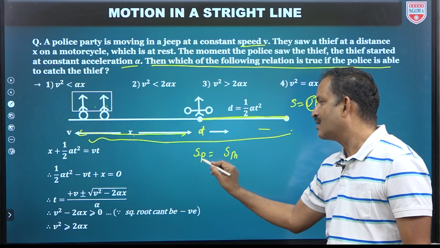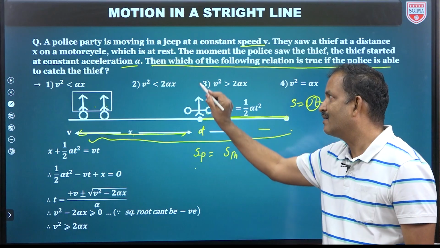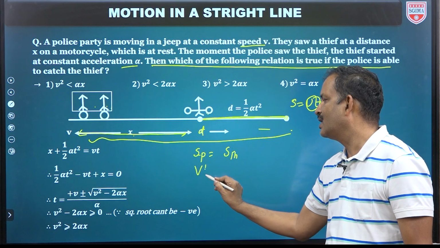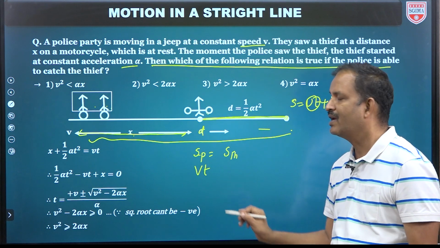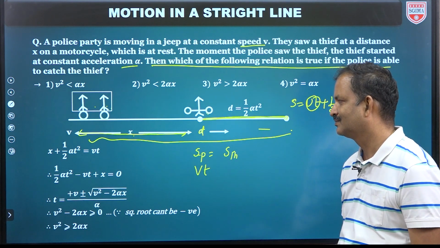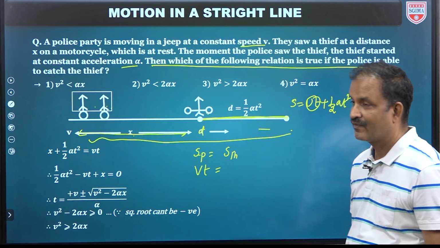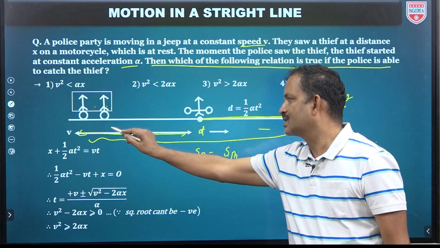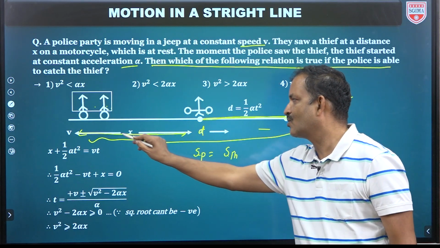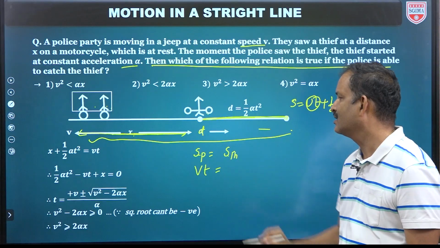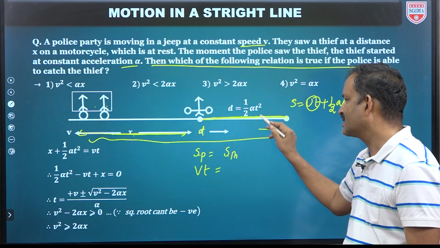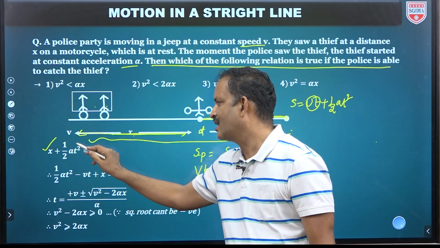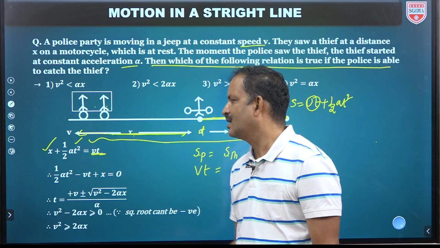The policeman travels with uniform speed, so acceleration 0, only Vt, with no half at square for the policeman. But for the thief, the distance travelled in t seconds is equal to the already existing separation x plus half alpha t square. So, x plus half alpha t square is equal to Vt.